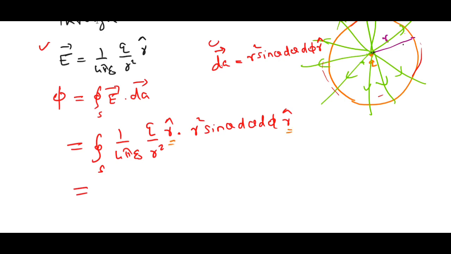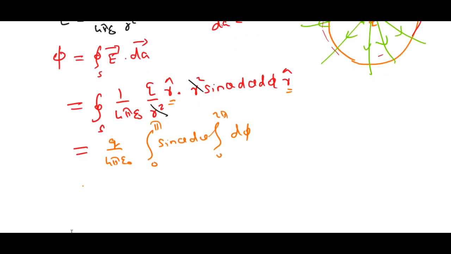Then q by 4 pi epsilon 0 I can take outside, and it is very clear that this r square and r square get cancelled. Then this will be q by 4 pi epsilon 0 into the integration from 0 to pi sine theta d theta, 0 to 2 pi d phi.